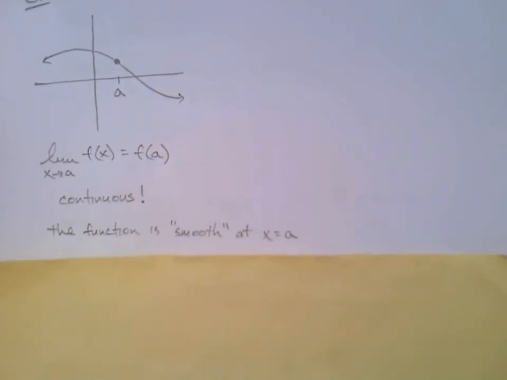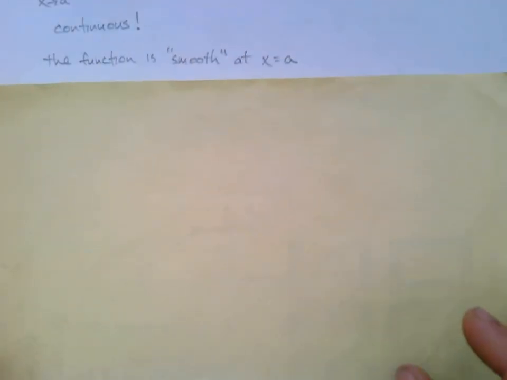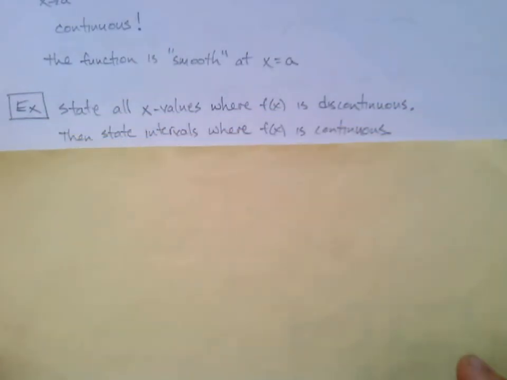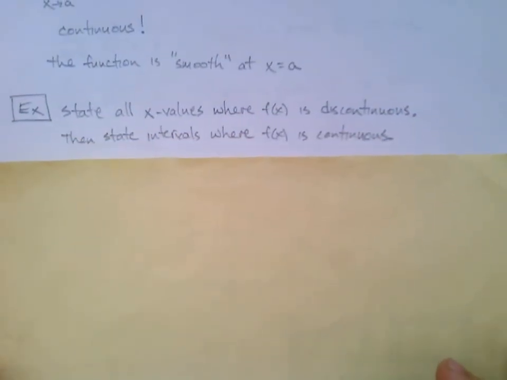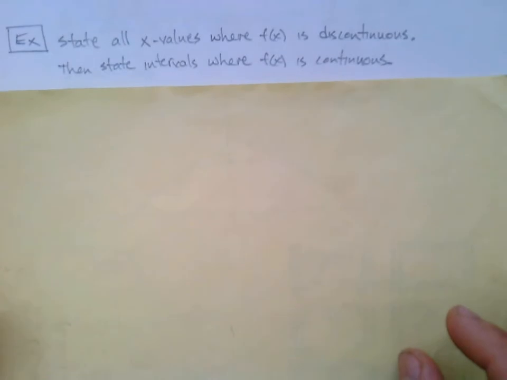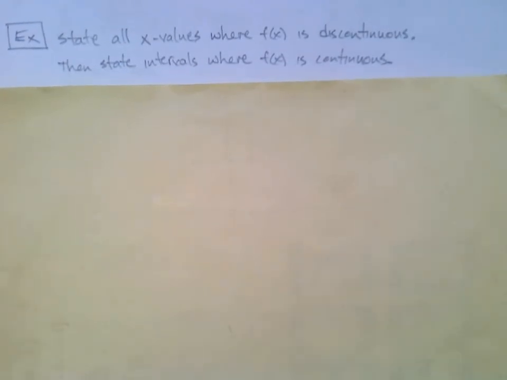Okay, let's keep going. We'll get into some examples here. We're going to start with this. For example, state all x values where f of x is discontinuous, and then state intervals where f of x is continuous.